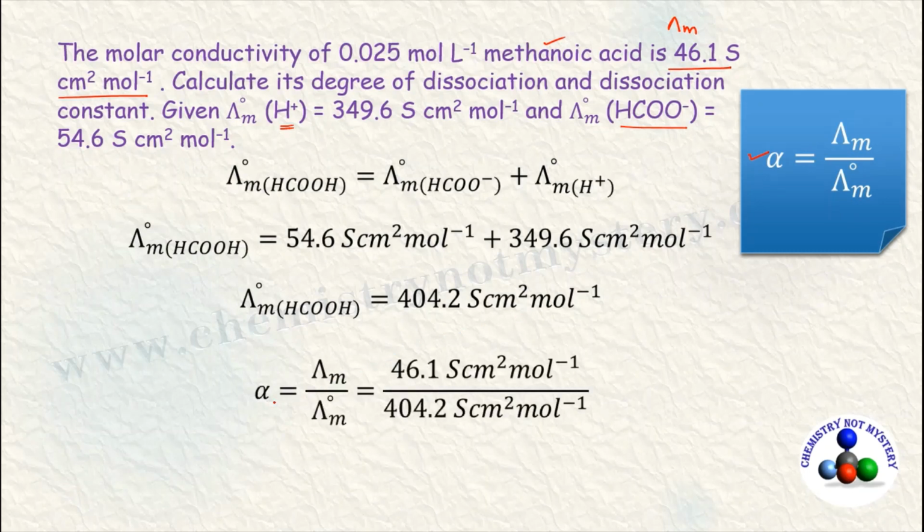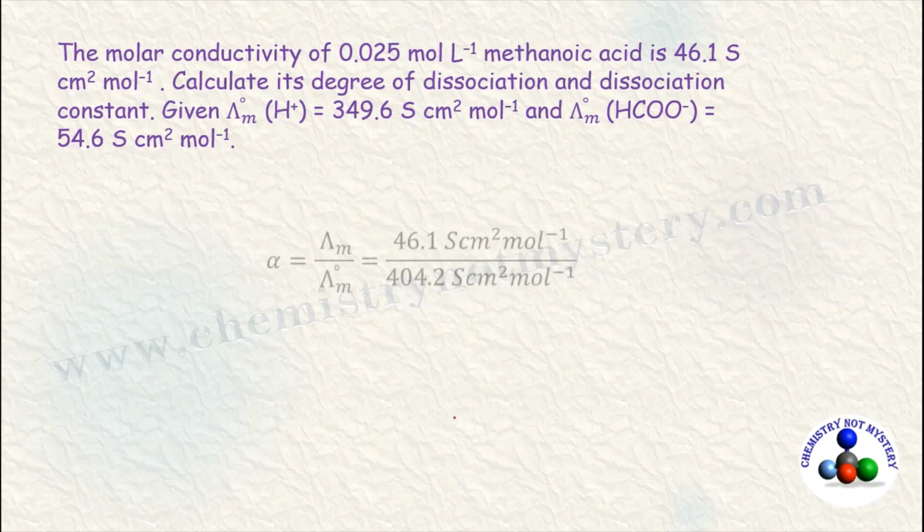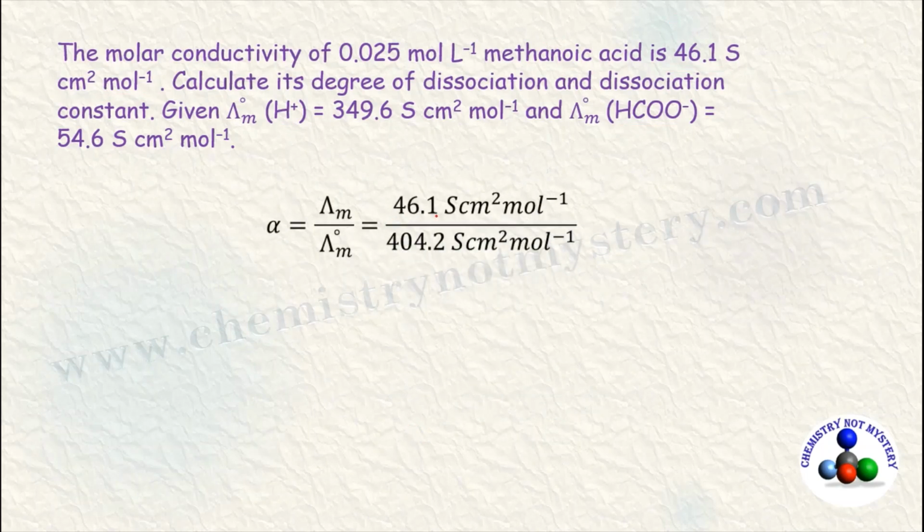So here you will get alpha is equal to lambda m over lambda m naught. When you place the values in it, lambda m is given 46.1 Siemens centimeter square per mole. And we just have calculated the value of limiting molar conductivity lambda m naught. So here we have the values 46.1 divided by 404.2.